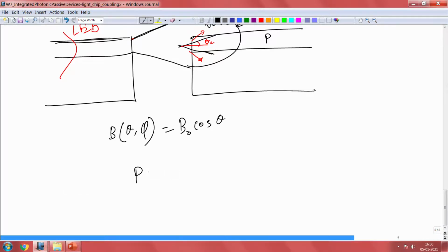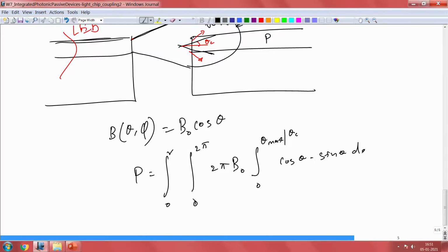So, the power coupled, right, could be written as, if you consider the circular symmetry here, you could have an integral along the radius and along the angle here, up to some theta max, or theta critical, of cos theta sin theta d theta, into the LED part, right.